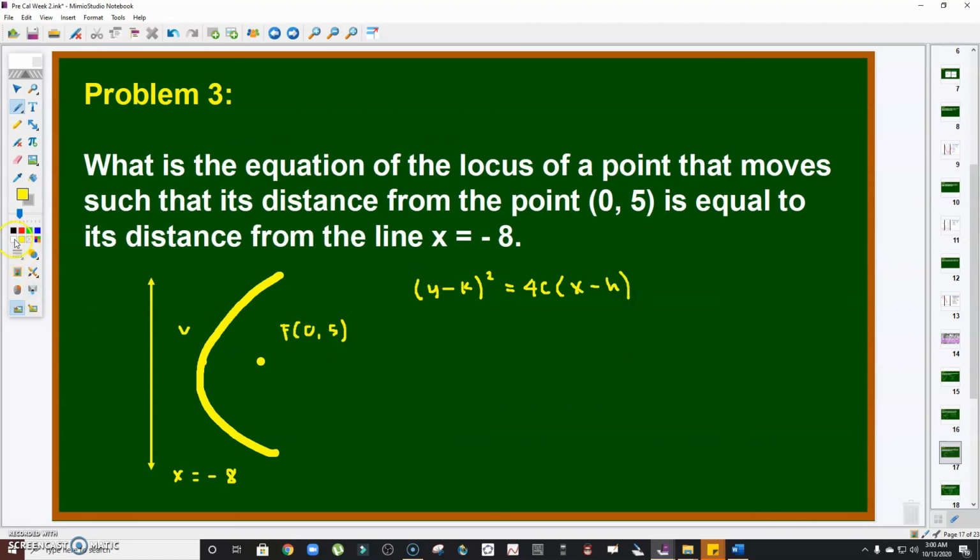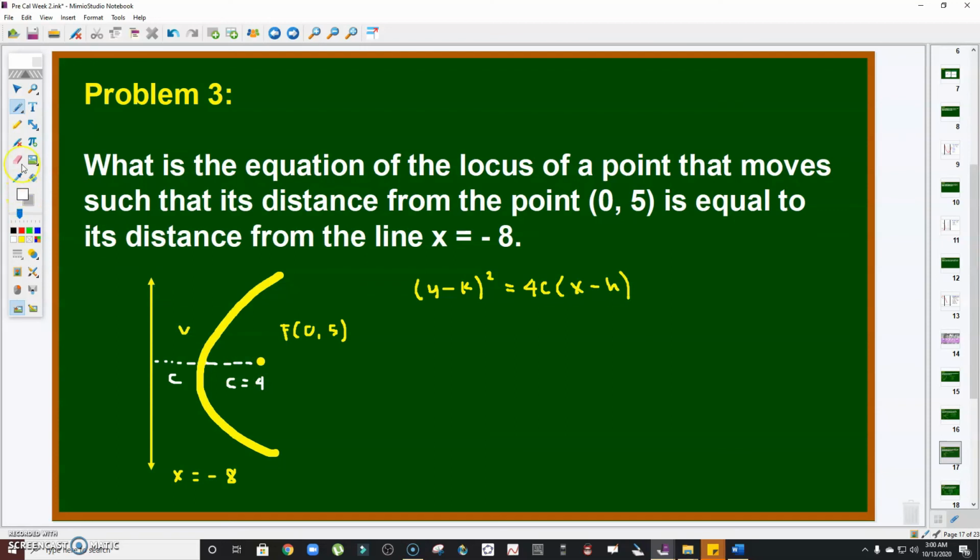Actually, we can get the vertex here. Why? Take note, that's the vertex. Vertex to focus is c units. Vertex to the directrix is also c units. Right? And we know 0 to negative 8, that's 8 units. So, from there, we can say c is equal to 4.